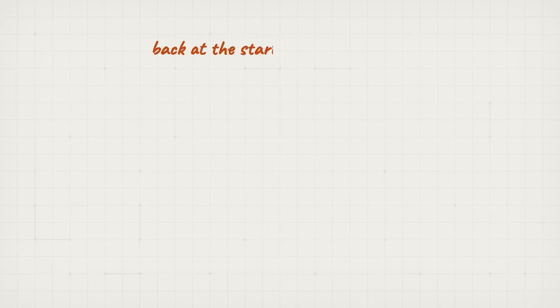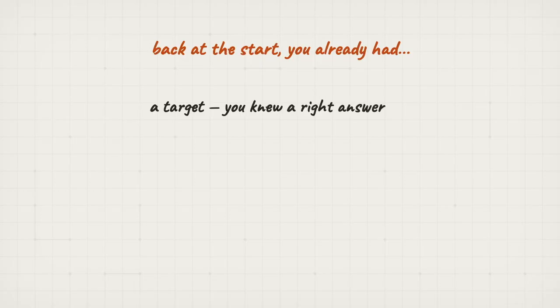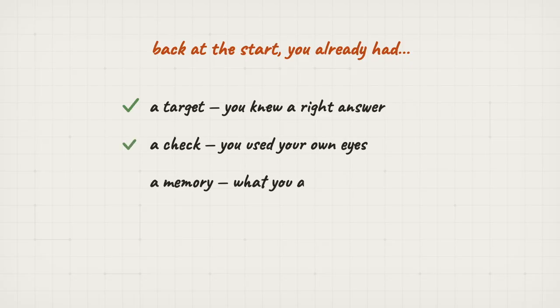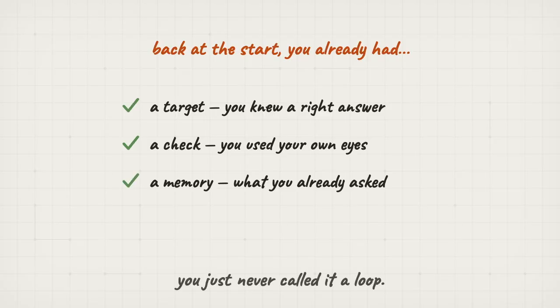Now, go back to what you were doing at the start of this video. You had a target. You knew what a right answer looked like, right? The checking you did with your own eyes, and you remembered what you had already asked, so you didn't ask the same thing twice. So you were already doing all three. You just never called it a loop.